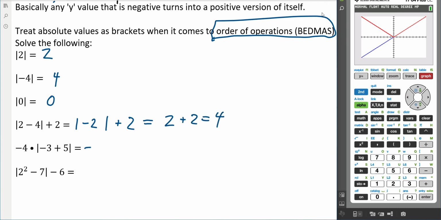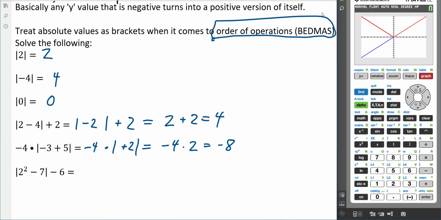Okay, the next one we have negative 4 times the absolute value of negative 3 plus 2, which isn't really much of a difference. So we get negative 4 times 2, which is negative 8. Okay, one more question here.